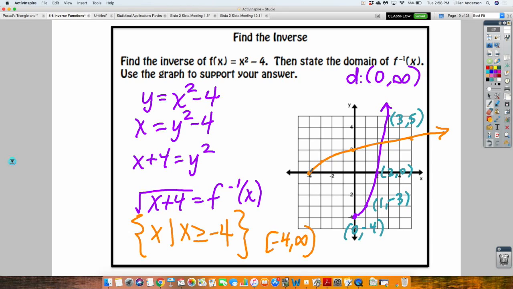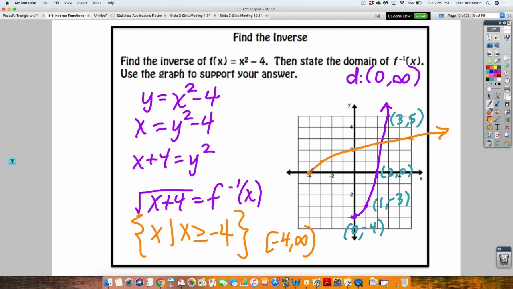Vertical? It does, but it's relating to the range of the inverse. Yes? Everybody hear her? The range of the original is the domain of the inverse. So x and y are switched because it's the inverse. Everything's switched.